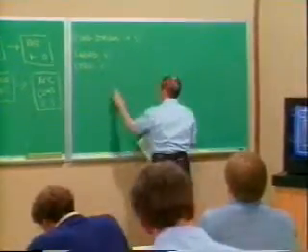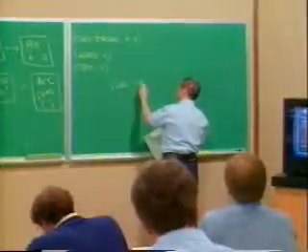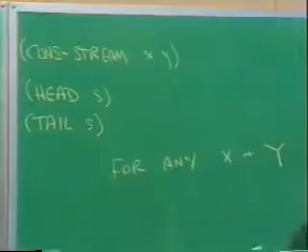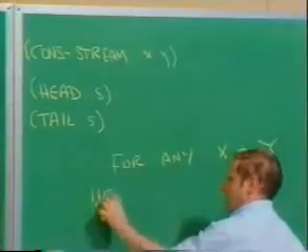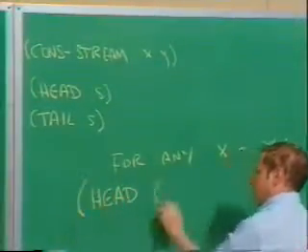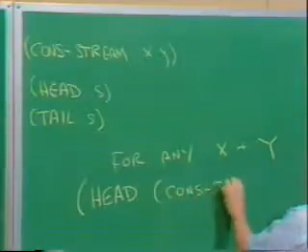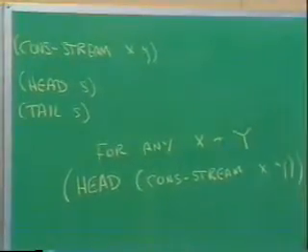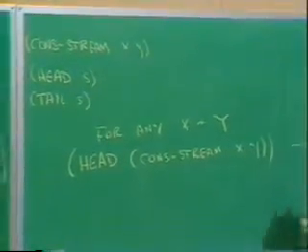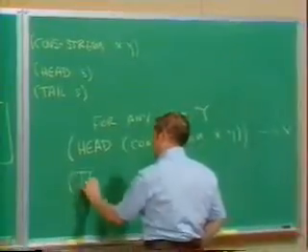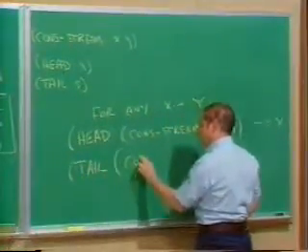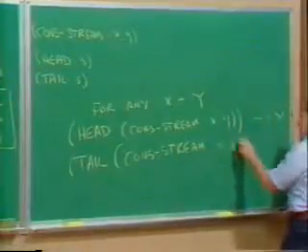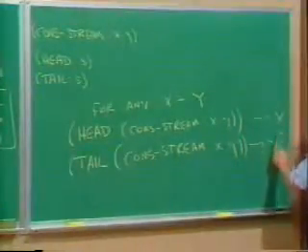And it's going to be for any x and y, if I form the constStream and take the head of constStream of x and y, it is going to be x, and the tail of constStream of x and y is going to be y.